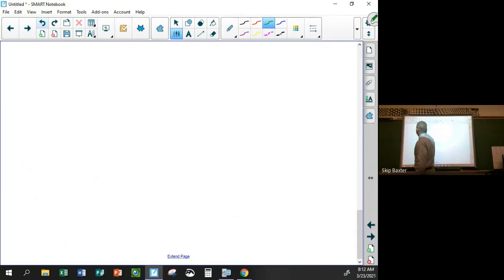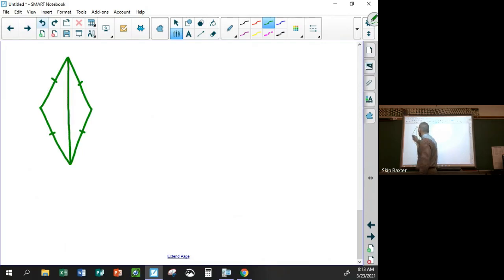So for example, they might give you something like this, where they say, here's a rhombus, they'll draw in the diagonals, and maybe they'll say, this is 10 centimeters, and this piece right here is 8 centimeters. The 10 refers to the length of the sides.